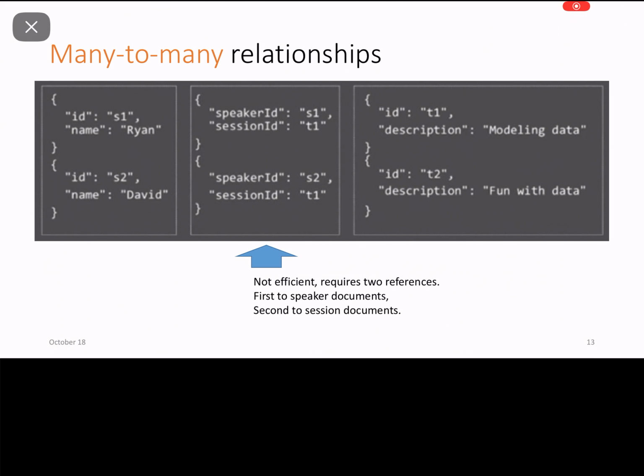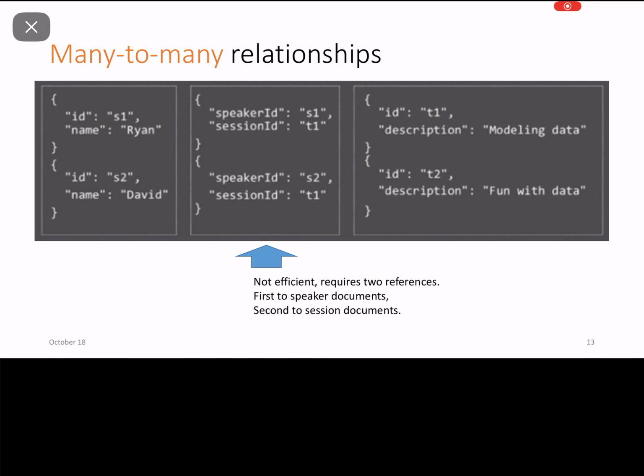Okay, the next situation where you should be using referencing is when you have a many-to-many relationship. This is showing a superficial approach. This is not the correct way of doing it in NoSQL.